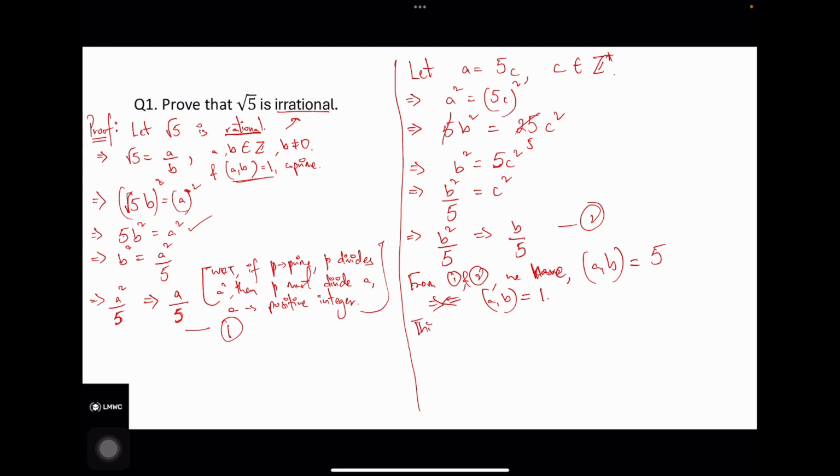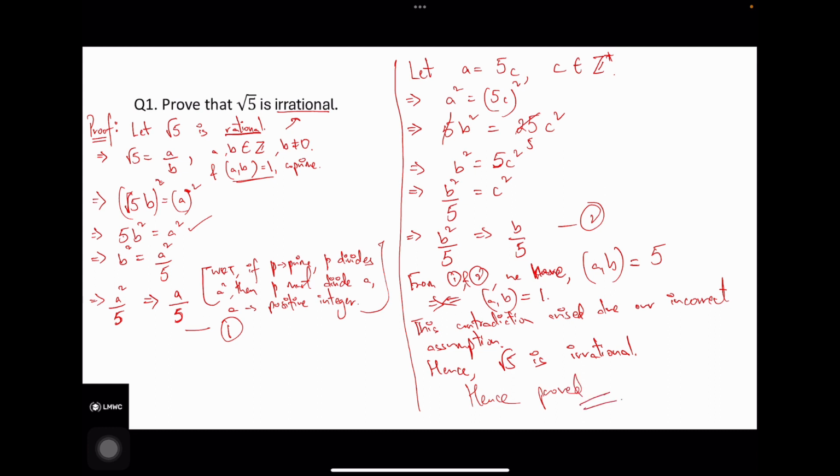This contradiction arises due to our incorrect assumption. Hence, root 5 can be concluded as irrational. Hence, proved.